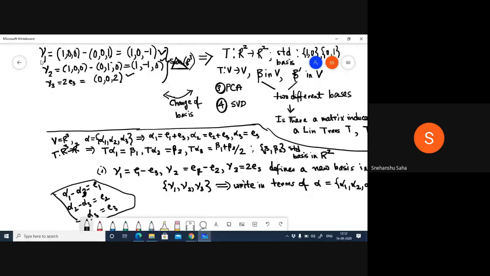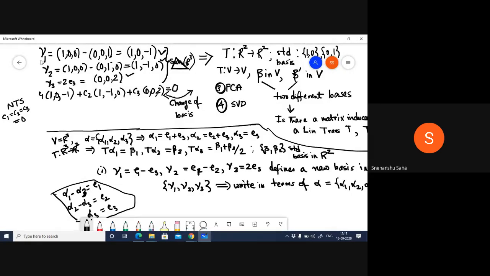The way to do it is pretty simple. You write a linear combination of these three: C1 times 1, 0, minus 1, plus C2 times 1, minus 1, 0, plus C3 times 0, 0, 2, and we set that equal to 0. What we need to show is that C1, C2, C3 are identically 0.